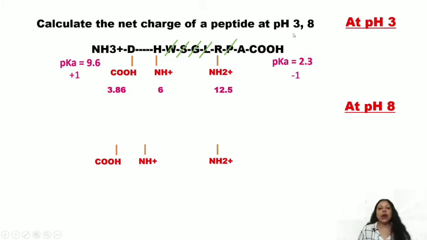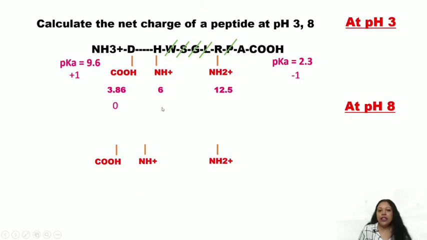Okay, now we need to compare all the values with pH 3. First we will start from COOH. 3.86 is greater than pH 3. pKa is greater than pH 3. So COOH will hold its proton, and COOH in the protonated form has 0 charge. Coming to histidine, 6 is greater than 3.